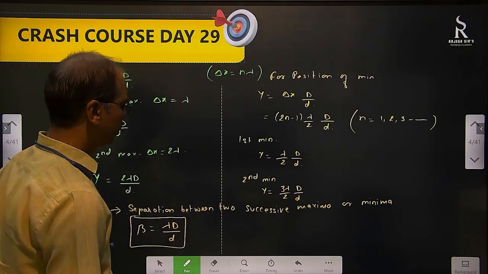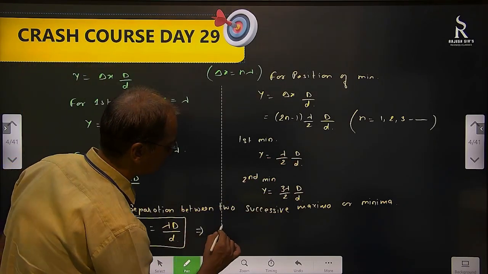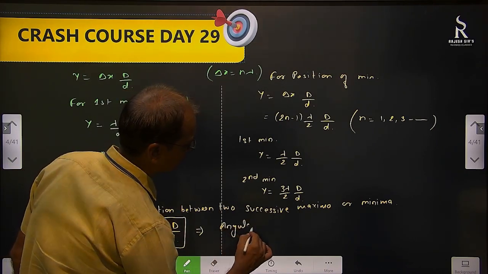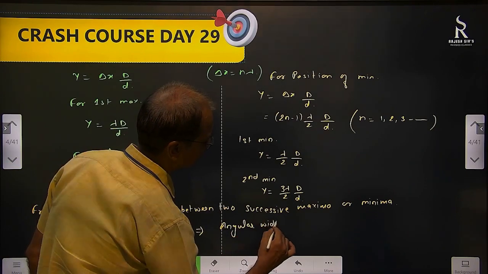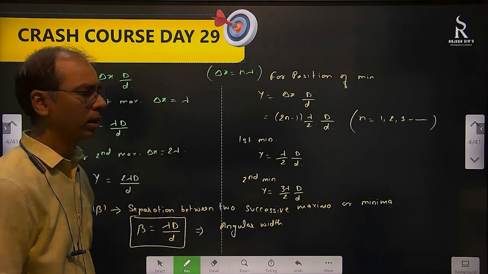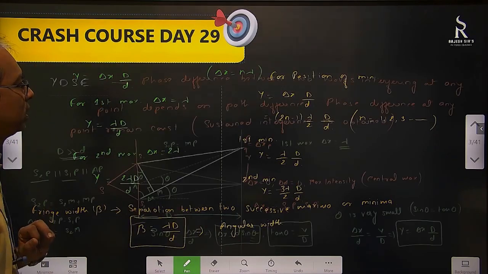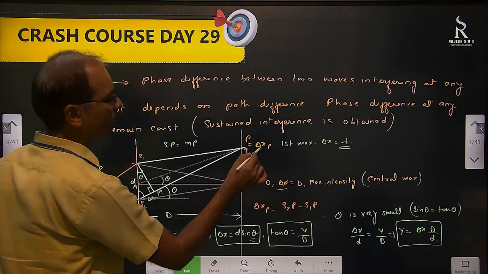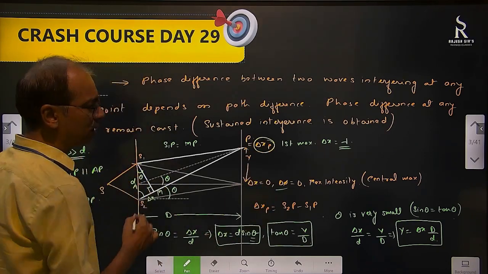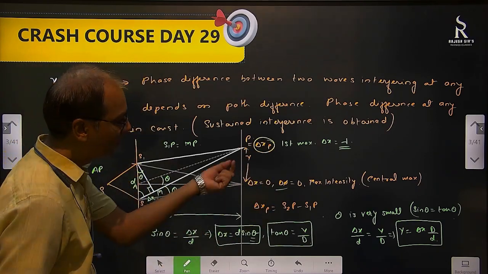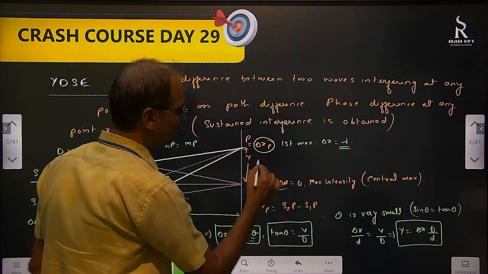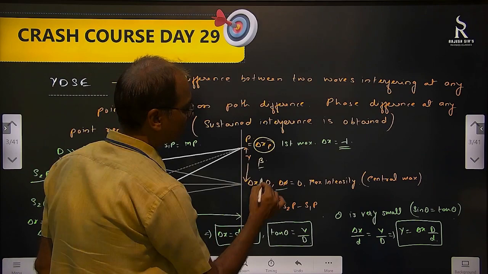Another thing is angular width, which is represented in terms of theta. Tan theta we can say. So what is tan theta? Here we can see, this is your first maximum, this is the central maximum, and this is theta, right? So between first maximum and second maximum, we have beta.